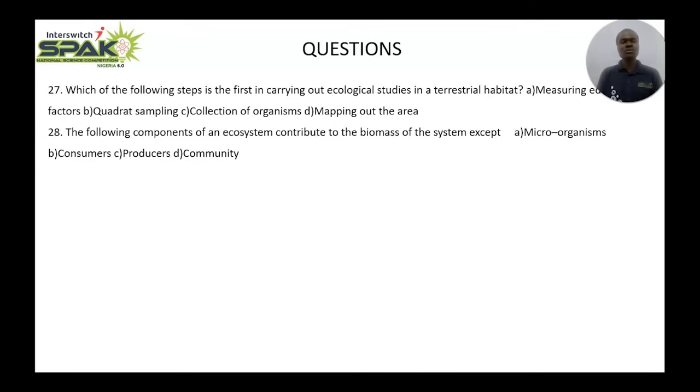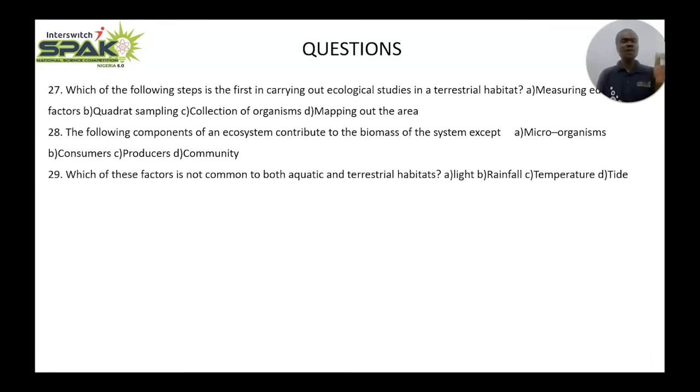Consumers consume other organisms, and they can also accumulate. Producers produce and accumulate biological mass. But community, no. So the correct option is option D, community.